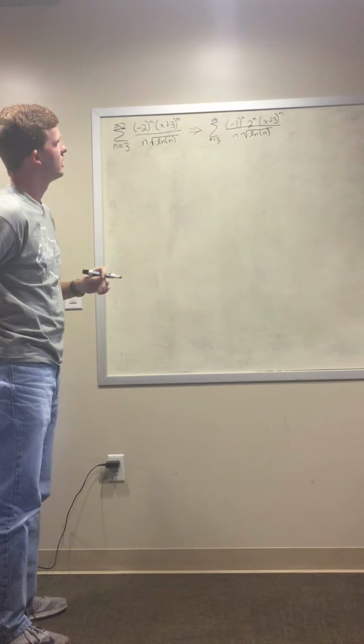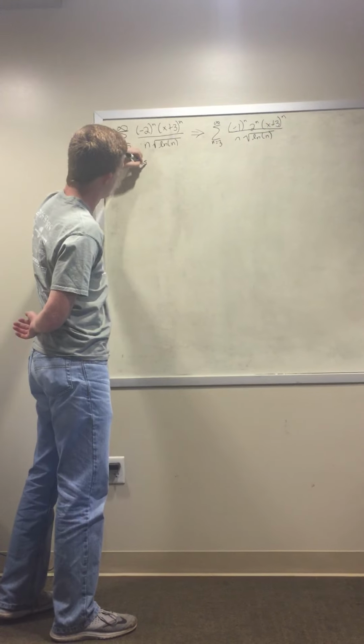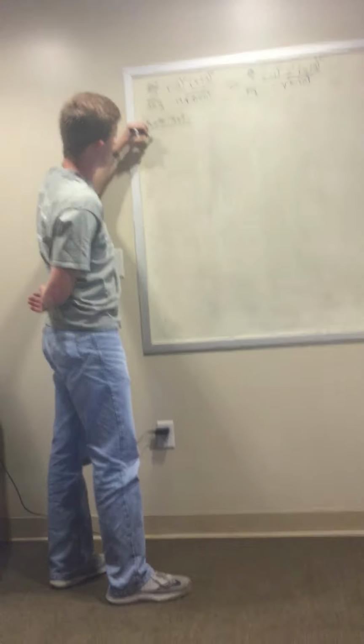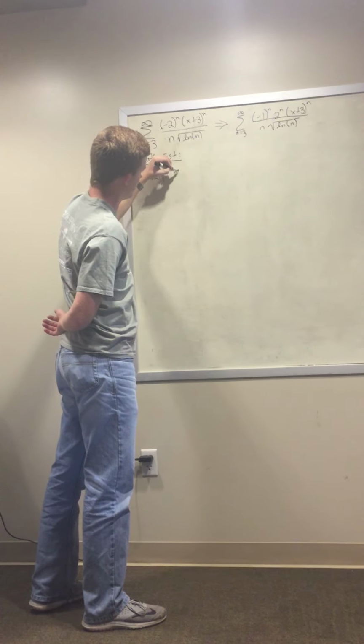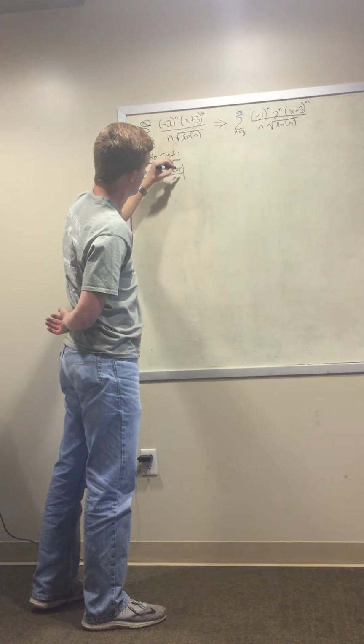Alright. So from there, we're going to perform the ratio test, which states that as the limit of n to infinity of a sub n plus 1 over a sub n, if its absolute value of r is less than 1, it's convergent, and absolute value of r is greater than 1, it's divergent.